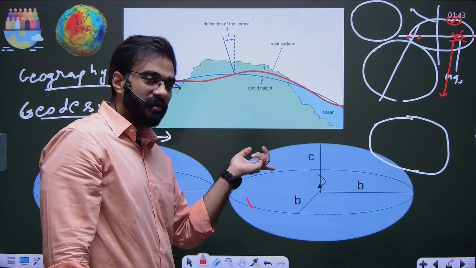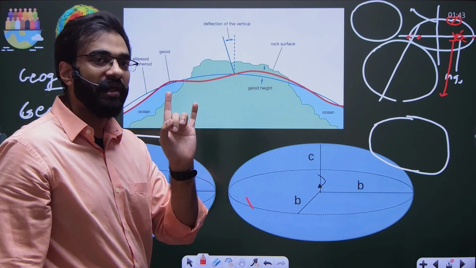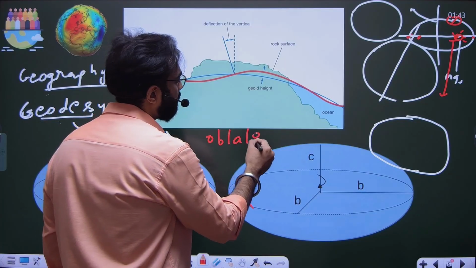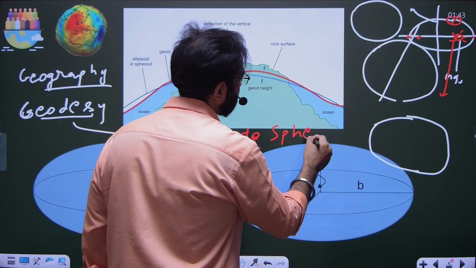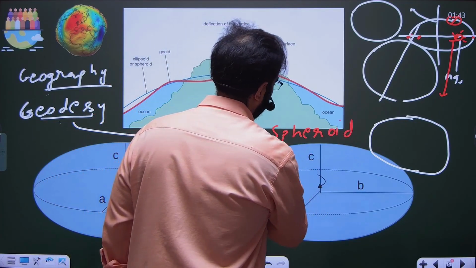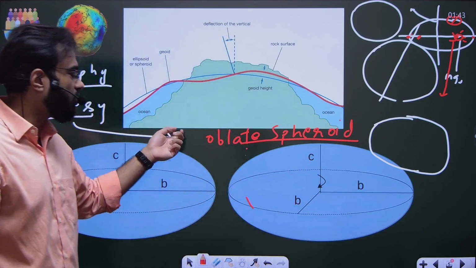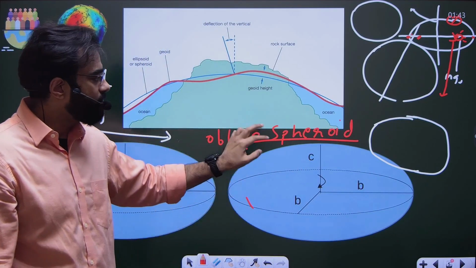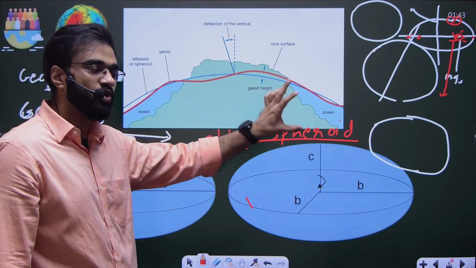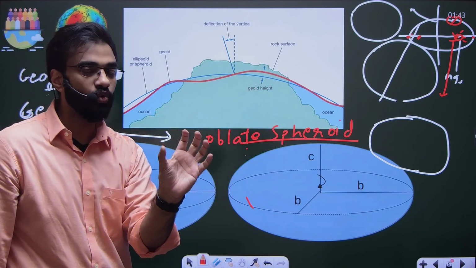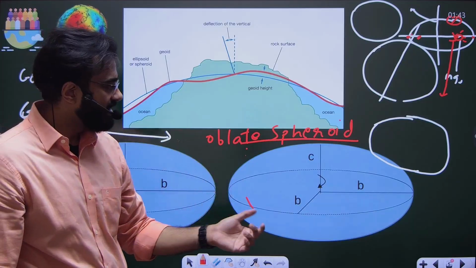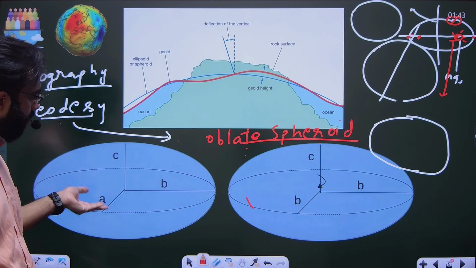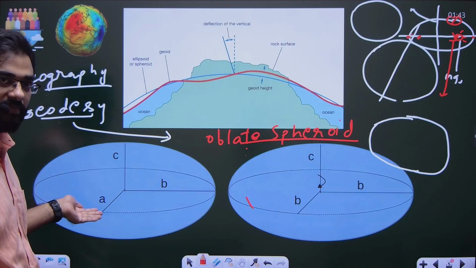Now, Earth is a type of ellipsoid which is known as an oblate spheroid. Okay. How is it different from a normal ellipsoid? Ellipsoid is an umbrella term. Oblate spheroid is a type of ellipsoid which comes close to defining the Earth. In a general ellipsoid, all the lengths of the axes can be different.